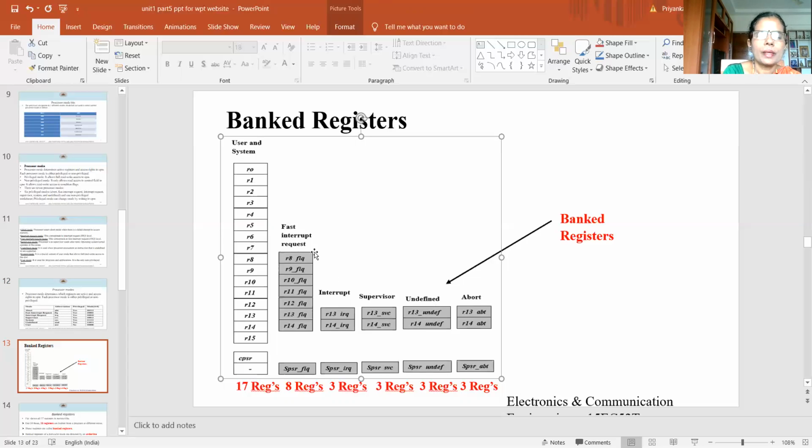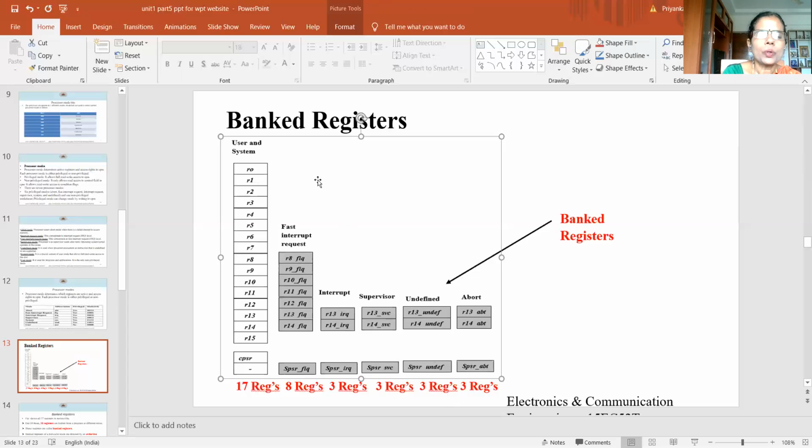For all the remaining modes, you shade the diagram. Here it is shaded: fast interrupt request mode, supervisor, undefined and abort. They are given in shaded form because a shaded register indicates it is not visible to the user. The unshaded registers are visible to the user.